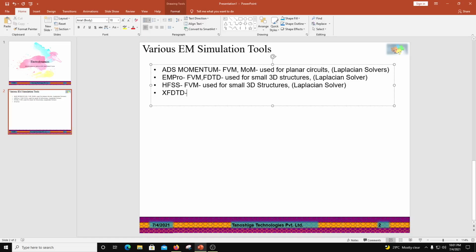And this is used for small to mid-sized 3D structures. Correct? Again, it is a Laplacian solver only. Right. So this is XFdtd.